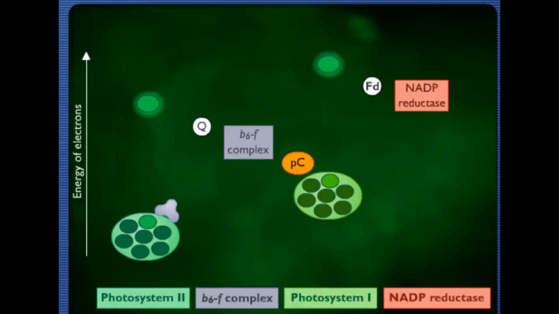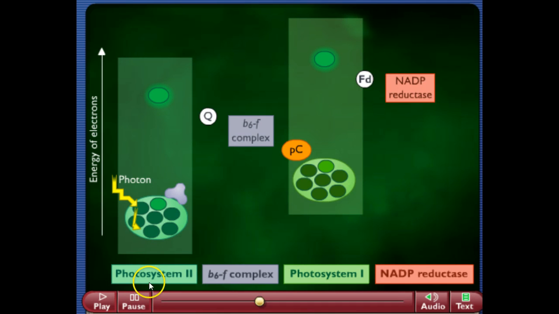Okay, here we go. Write in your notes that when a photon of light from the sun or other sources like the regular lights in the room strikes the reaction center of photosystem 2, it excites an electron. So here's our electron now, our photon of light exciting an electron.